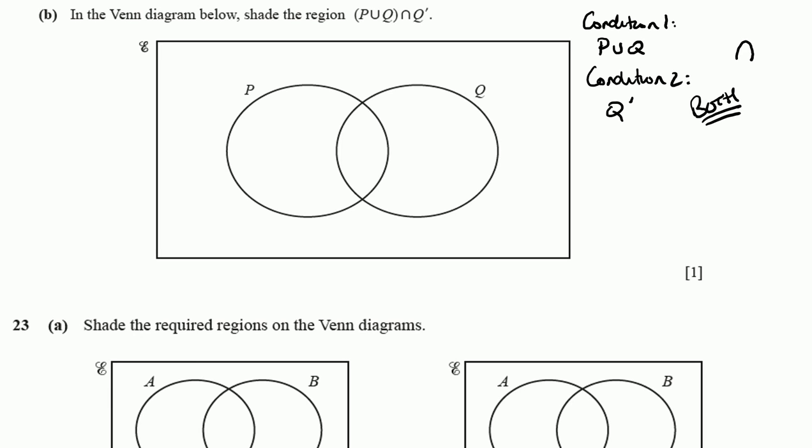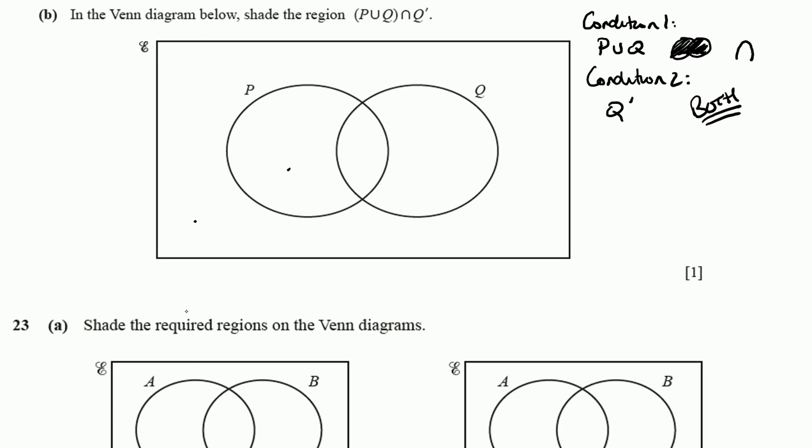Now to be in P or Q, the union of P and Q, that would be everything contained within both of those sets, like this. And to not be in Q is fairly obvious, we can't be in Q.